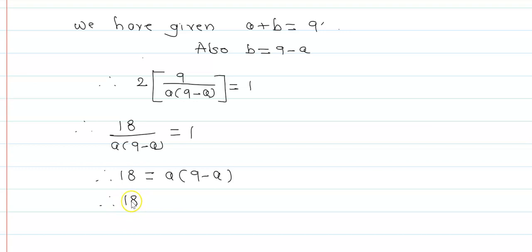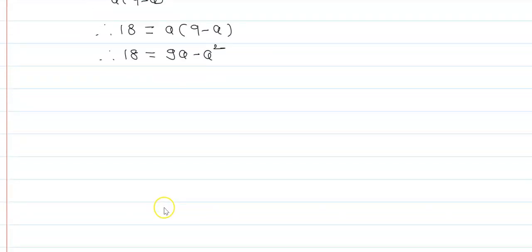Therefore 18 is equals to 9a minus a square, and this can be written as a square minus 9a plus 18 is equals to 0.